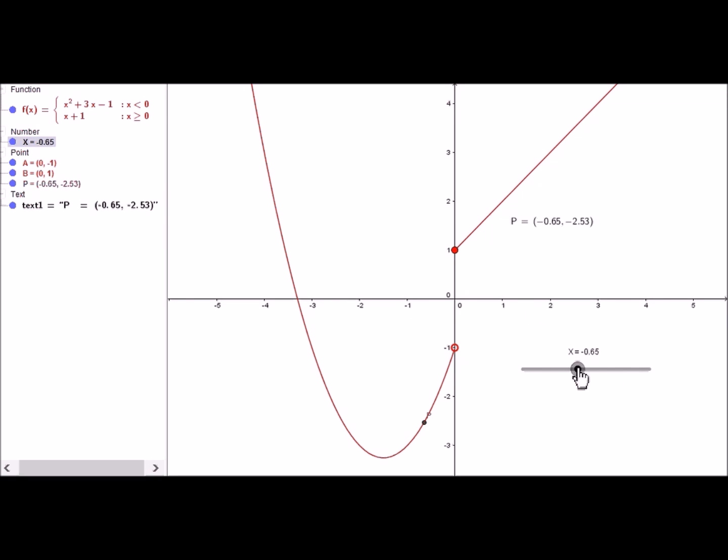Similarly, if I choose x values that are less than 0, and I look at the y values, as I get closer and closer to 0, the y values are getting closer and closer to, can you guess? It would be minus 1, which would be the y coordinate of this empty dot. Just to finish, notice that I have an empty dot here because at 0 the function value isn't defined by this expression, it's defined by the expression x plus 1.